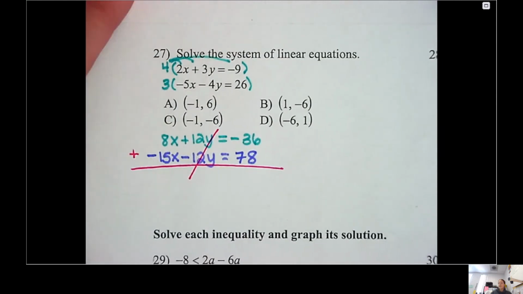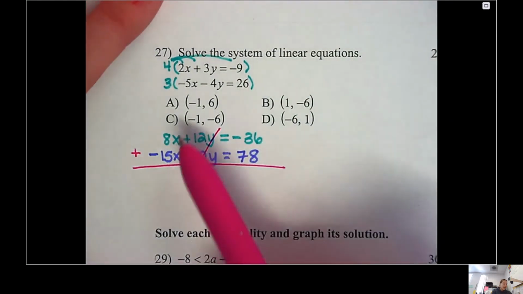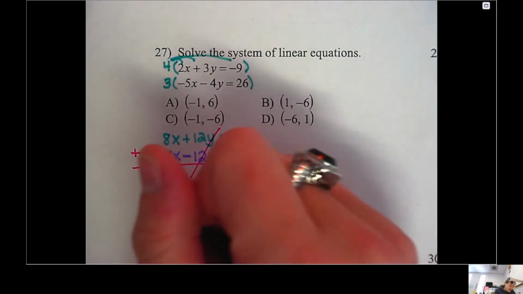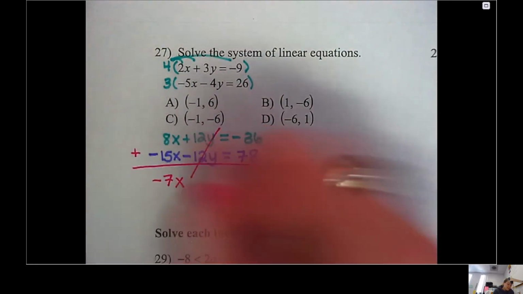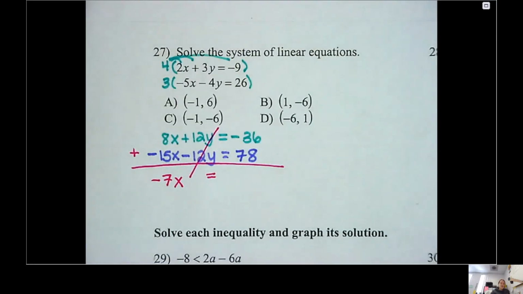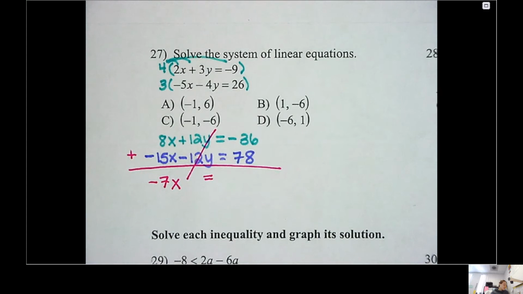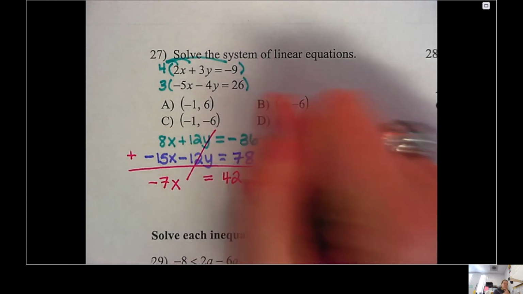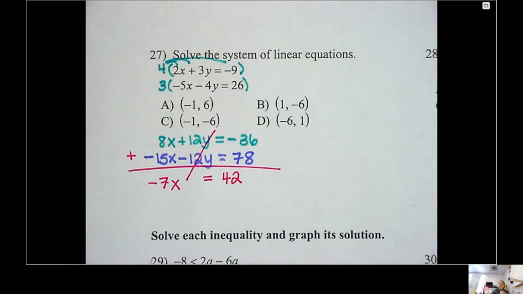And then I have to do the same for the rest of the equation. So 8 plus a negative 15 gives me negative 7x. My y's canceled, and now I've got negative 36 plus 78, or in other words, it's just 78 minus 36, and that is 42.